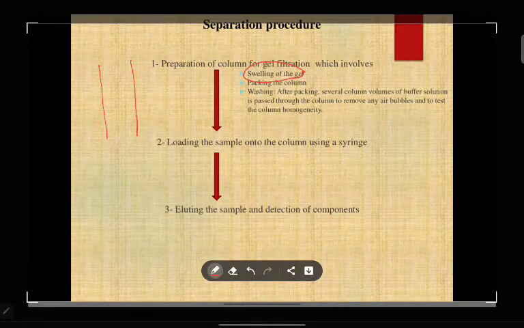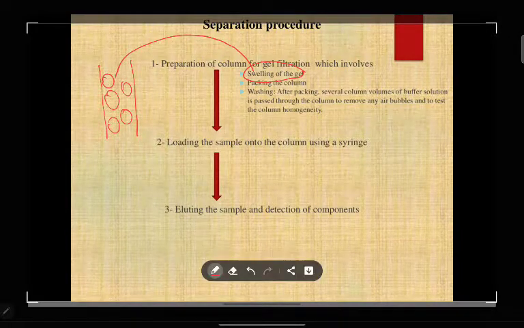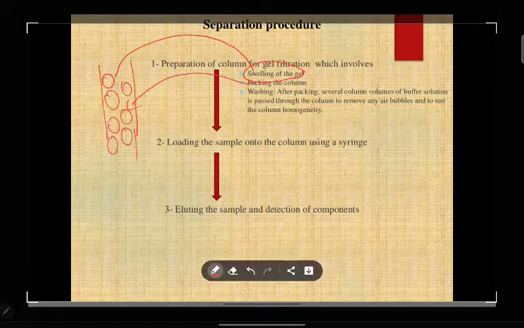One is you prepare a slurry and heat it at 100 degrees centigrade in a water bath. Or directly you mix your dry powder of gel with a solvent. It will swell, isn't it? So that swollen gel you add inside the column. After that, packing. Packing is nothing but the way you are filling it inside.